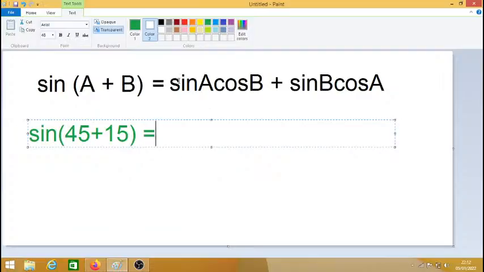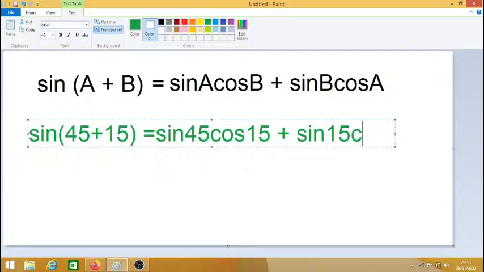Following the formula above, it begins with the sine of the first angle, sine 45, times the cos of the second angle, cos 15, and then there's a plus, and then the second part is sine of the second angle, 15, times cos of the first angle, 45.